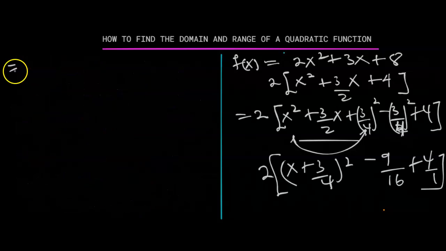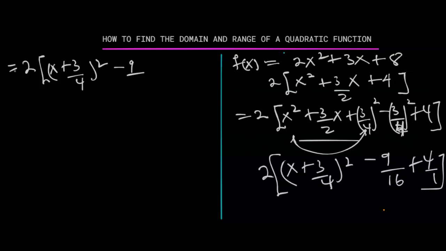Now this gives us 2(x plus 3 over 4) squared minus 9 over 16. I want to write this as 4 times 16 over 1 times 16.